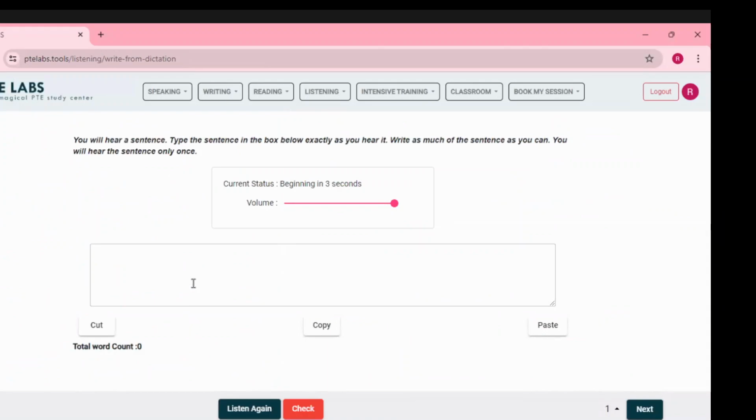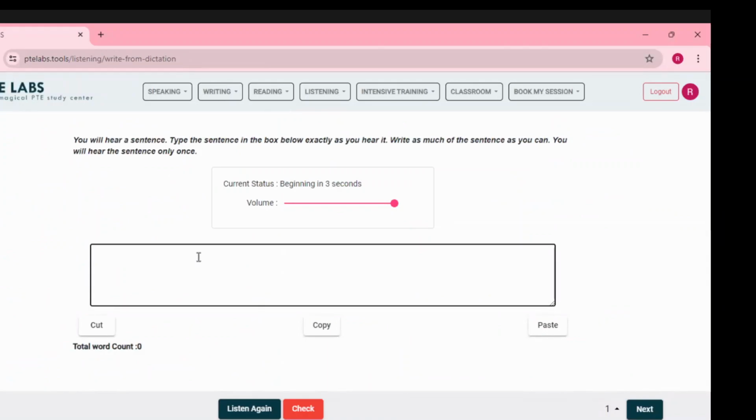Now here we have one method. Let's take this sentence: my sister is coming. You heard this sentence, okay? But you're not sure whether it is sister or sisters. So in that case, in doubtful situations, you can add extra words.